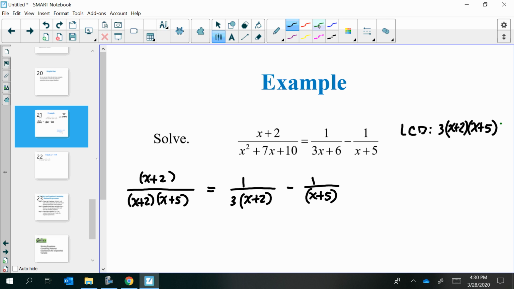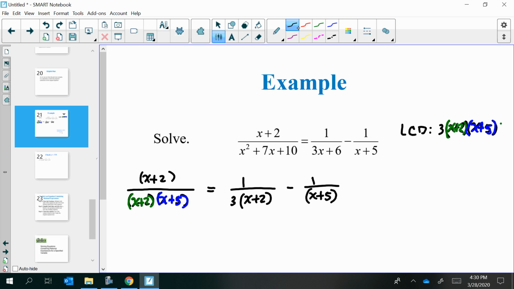Then I look at my LCD, and I know that when I multiply the first term by this LCD, the x plus 2 is going to cancel here. And also the x plus 5 is going to cancel. The only thing that won't cancel is the 3.